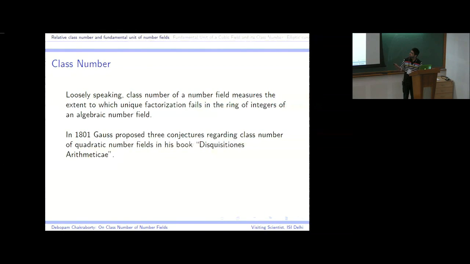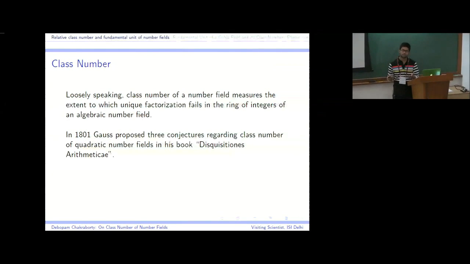Later Gauss, in his 1801 book, gave the idea of class group and class number in the form of binary quadratic forms, which if you transfer, is like number fields with even discriminant. Later people modified those results and did it for all kinds of discriminants.